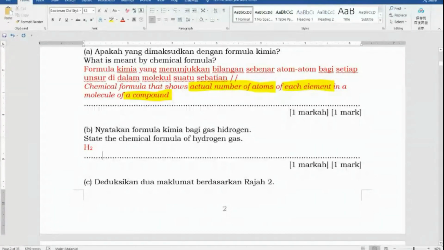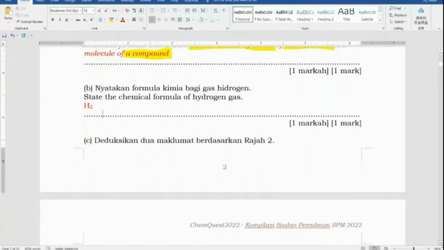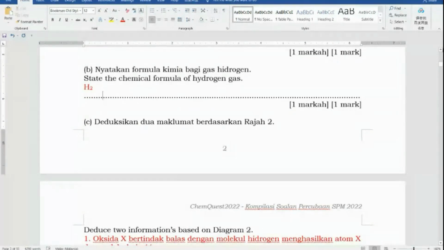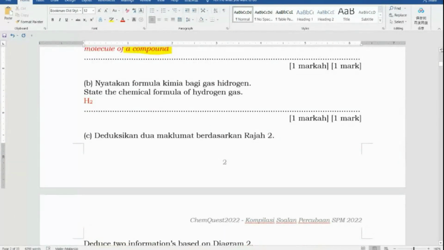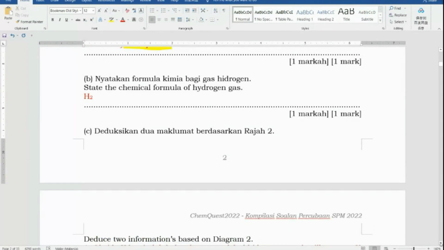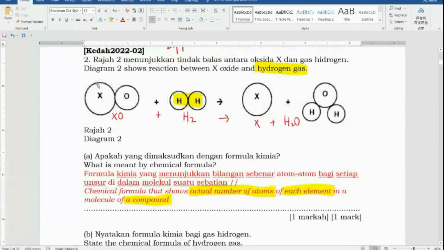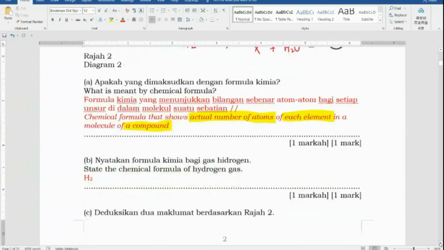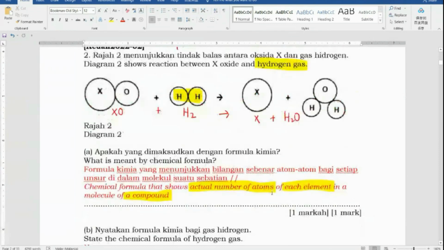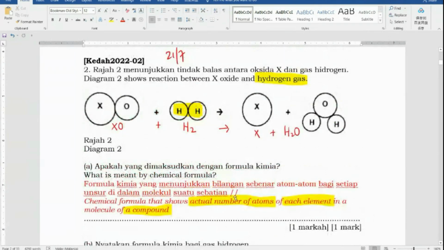Cynthia, can you read the question? Deduce two information based on diagram 2. Okay, deduce two information from this diagram. What can you write out about this? There's 2 hydrogen. Okay, so try, Cynthia.